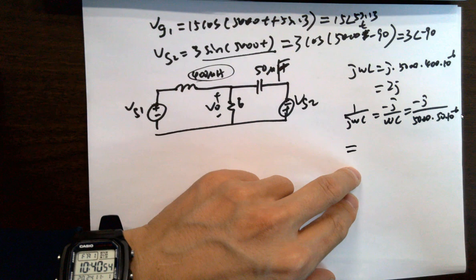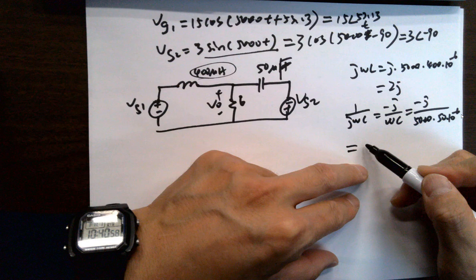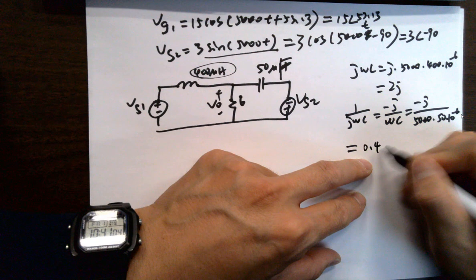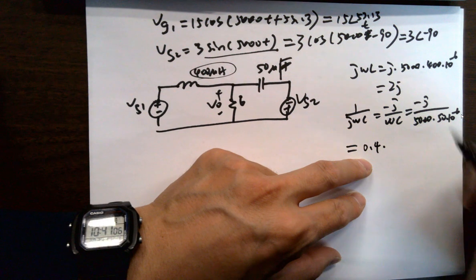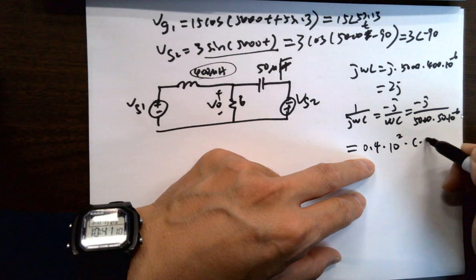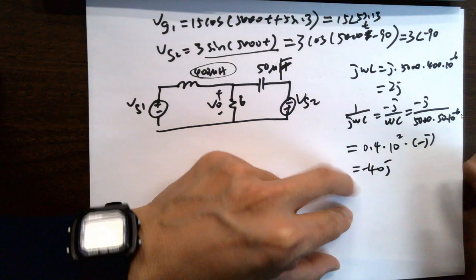And eventually we're getting 0.4 times 10 to the second. So it becomes 40 minus 40j. Is that correct?